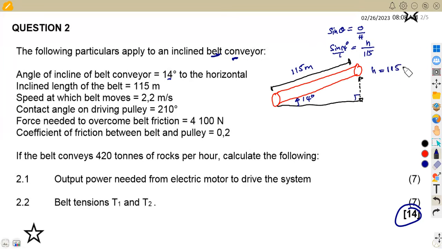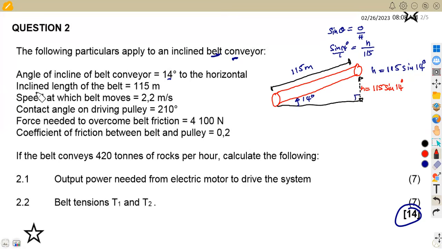Or you're supposed to know that your h is equivalent to the distance times sine of theta. If you know that, then it's an advantage. So this is your height here, which is 115 sine 14 degrees. So we have got the perpendicular height.